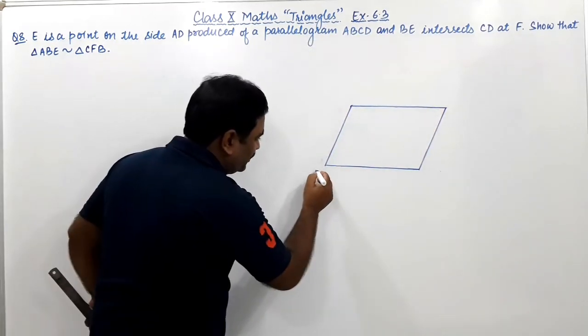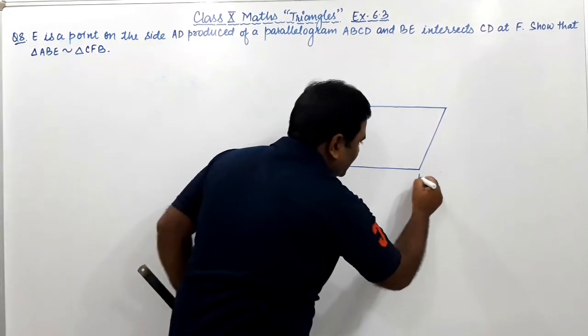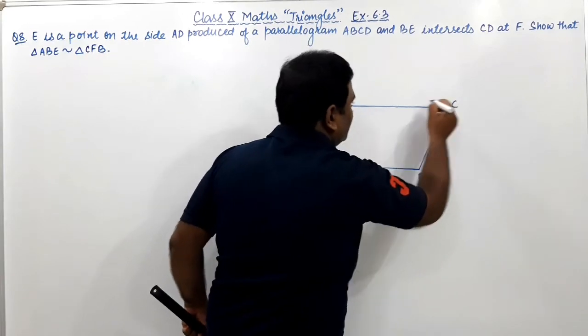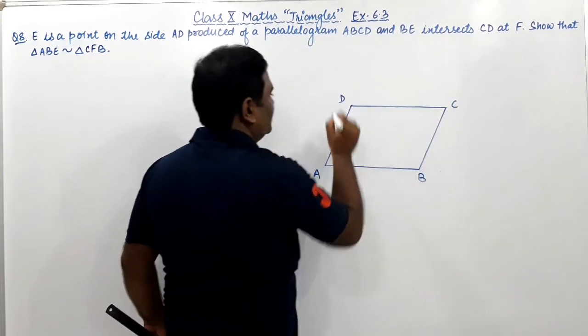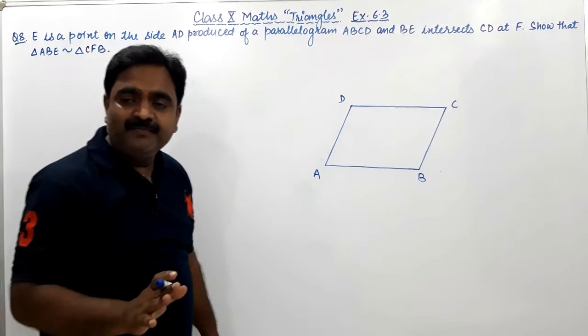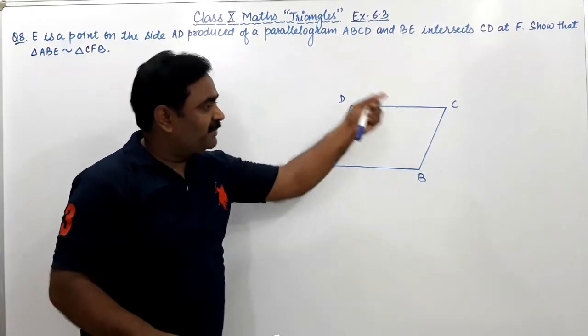So this is your parallelogram A, B, C and D. Clear हुआ बच्चों? Okay. Now ABCD is a parallelogram.